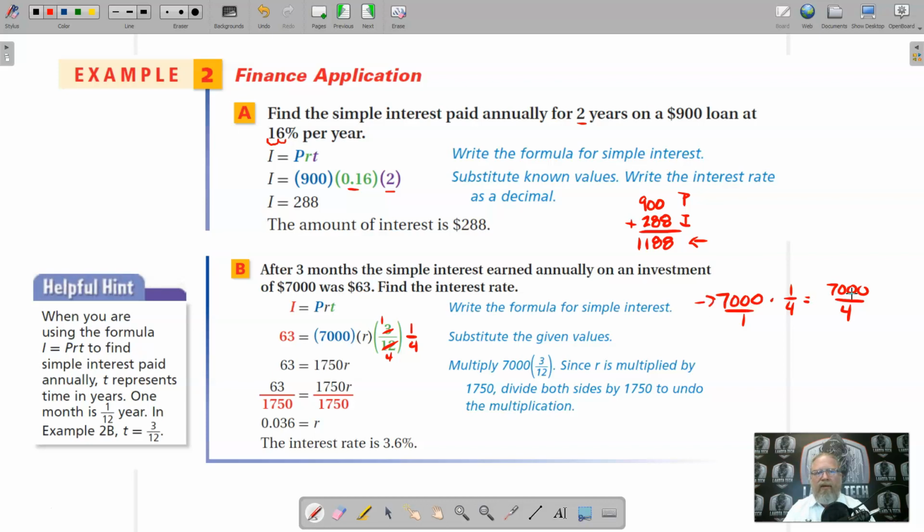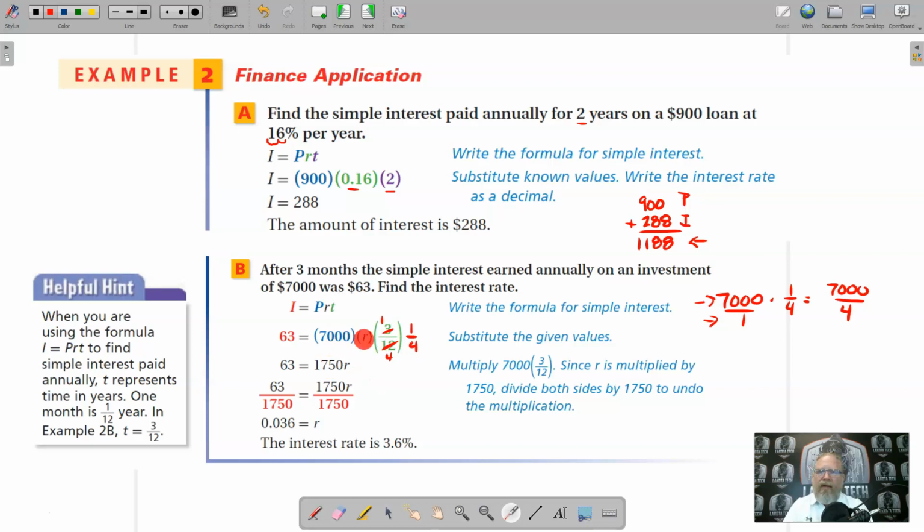Multiply numerator straight across to get 7,000. Denominator straight across to get 4. And whenever we do 7,000 divided by 4, I'm going to check that answer there. 7,000, and we'll divide that by 4, and indeed it is 1750. So that's where this 1750 comes from right here. I wanted to show you the math of this portion here, how we get from there to here, all right?